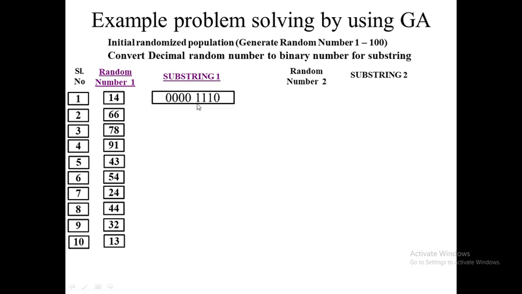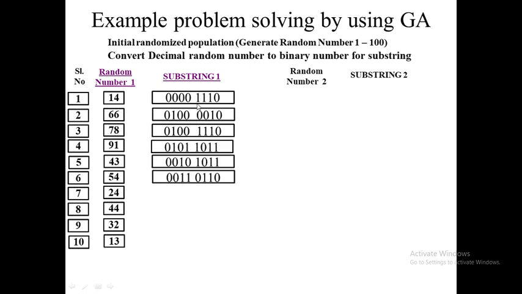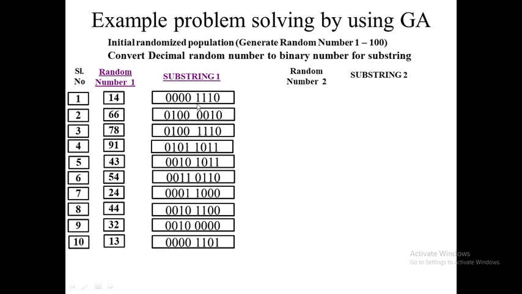So you convert all 10 random numbers into binary numbers, so that I get random number 1 with respect to my population size 10, and I also convert that random number 1 into a binary value as a substring.